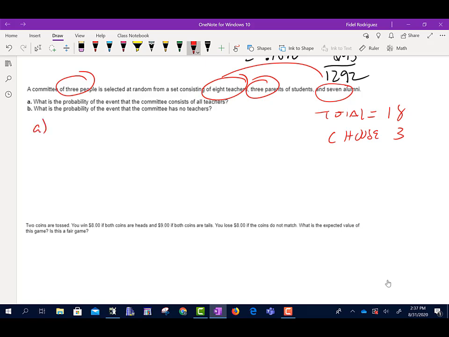So let's do part A. Remember, it's always easy for me to do my denominator first. 18 choose 3. Now, part A says, what is the probability of the event that the committee consists of all teachers? Well, how many teachers are in this group? 8 of them. And we want to choose all 3 from that 8.